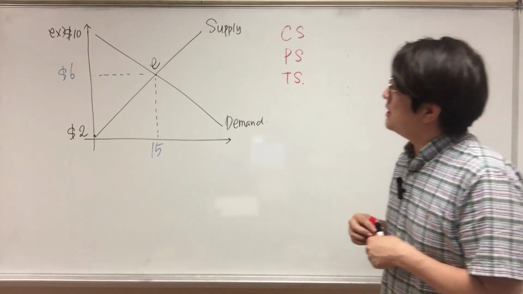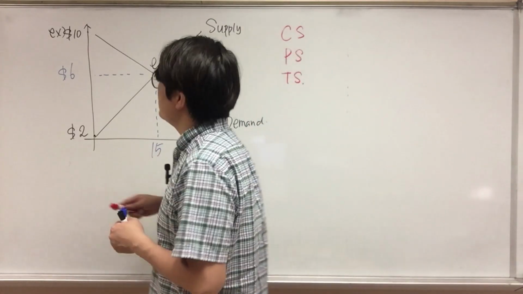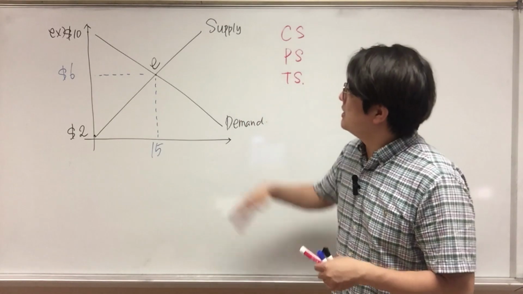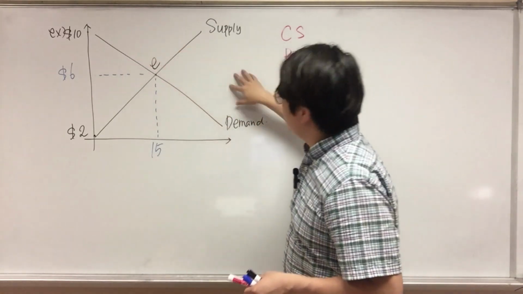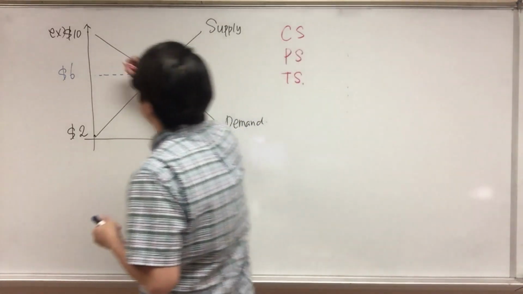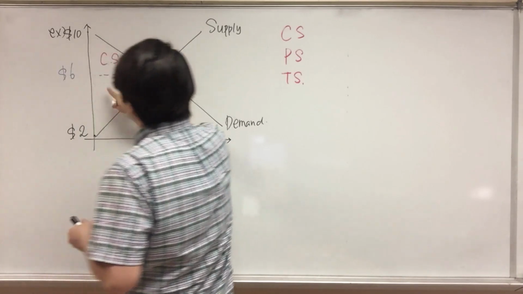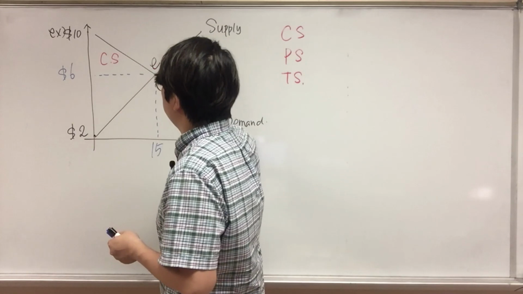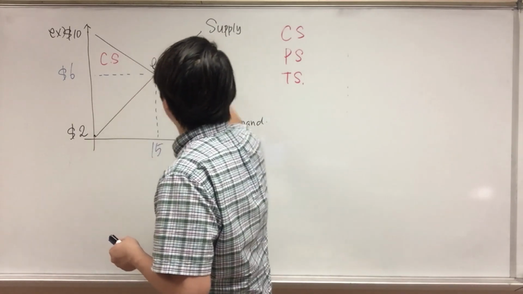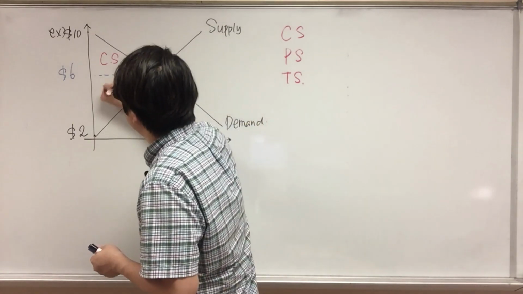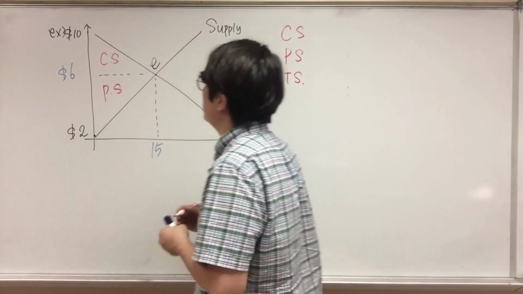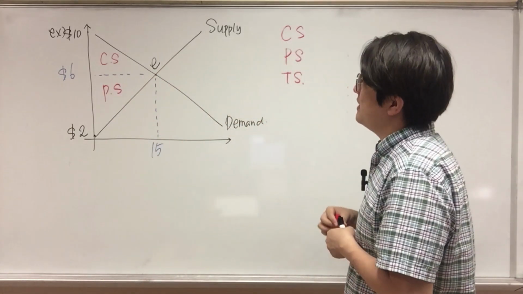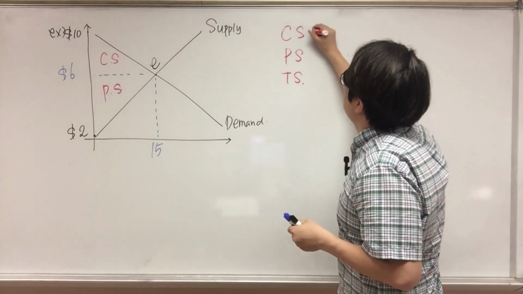At first, where is the consumer surplus? Reminder: consumer surplus is placed below the demand curve. So this here is the consumer surplus, and producer surplus is placed above the supply curve. So here is the producer surplus, right? So how can you find consumer surplus?